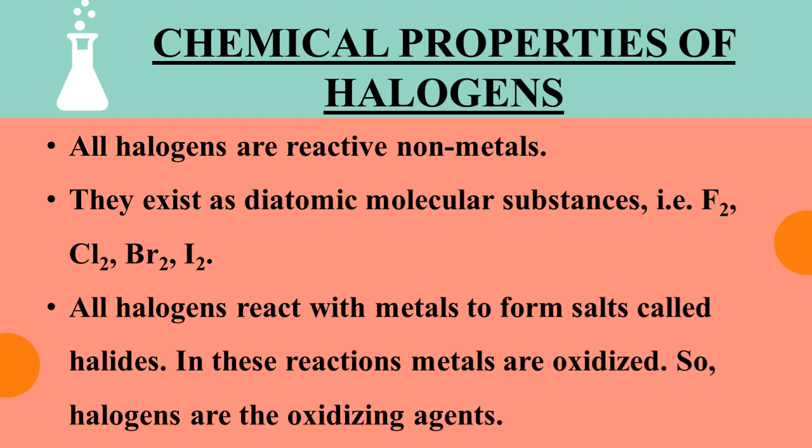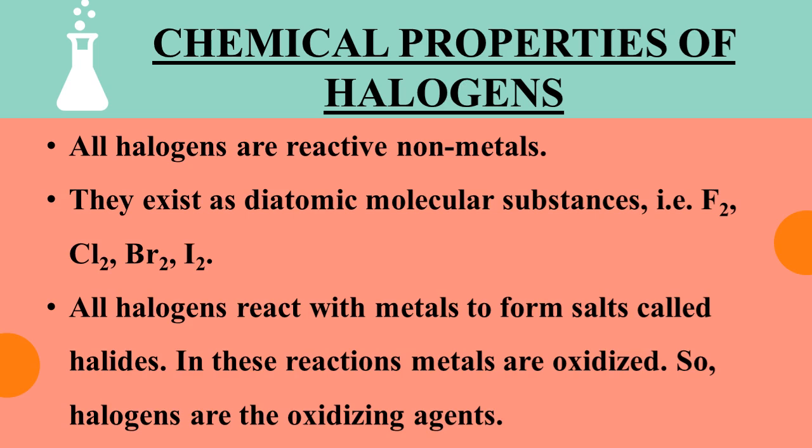In these reactions, for the formation of salt, metals are oxidized, meaning metals lose electrons, as oxidation means loss of electrons. And halogens are the oxidizing agents because they are helping the metals to oxidize.